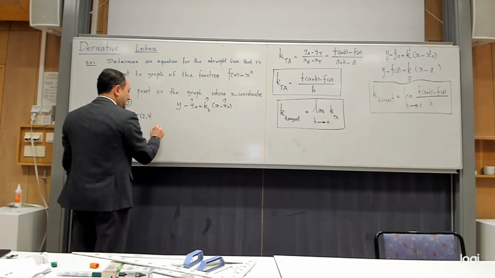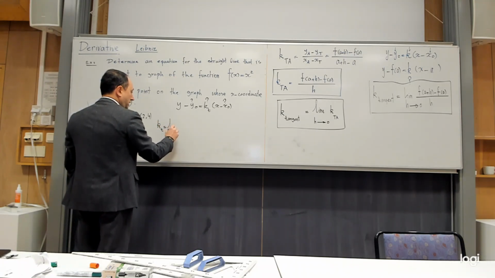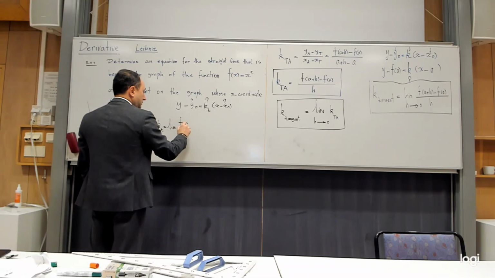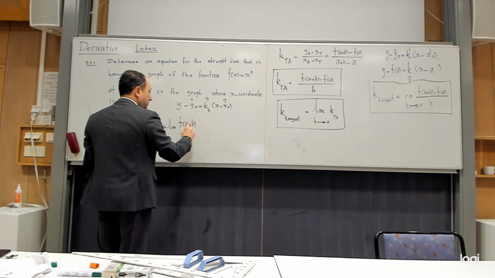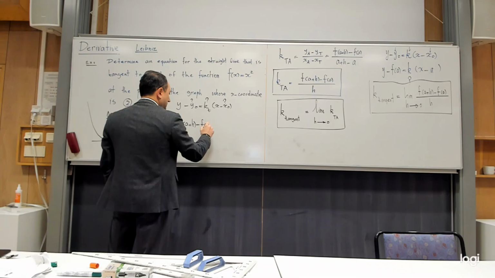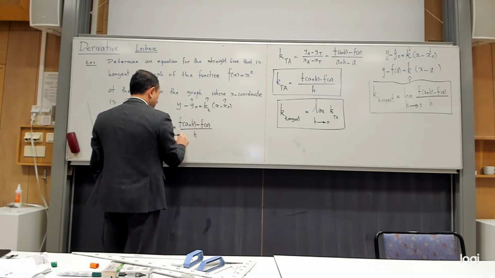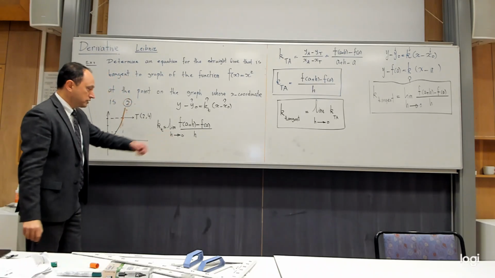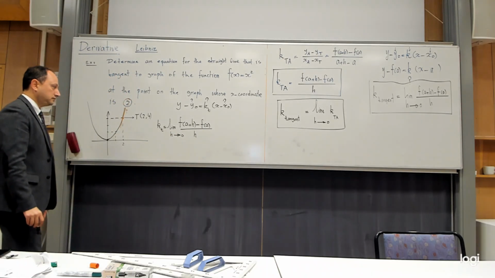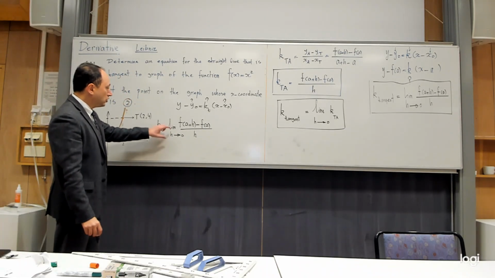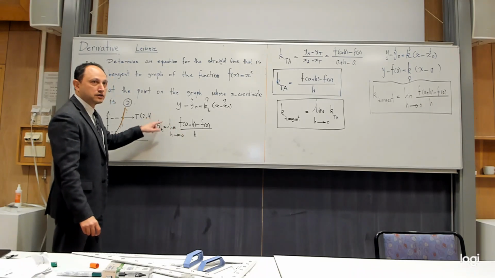So k t, let me write the formula to respect the soul of Leibniz. And remember that: the limit of f of a plus h minus f of a, divided by h, as h goes to 0, or approaches 0. For the time being, don't let this part distract you.